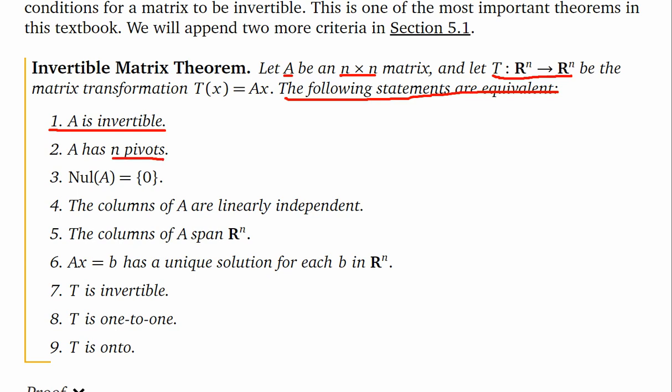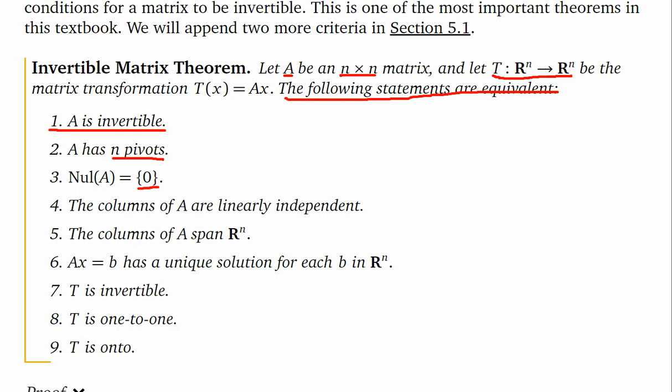And if it has a pivot in all of its columns and all of its rows, then it is in fact invertible. I know that if A is invertible, then the null space of A is only the zero vector. There's only one vector in the null space.